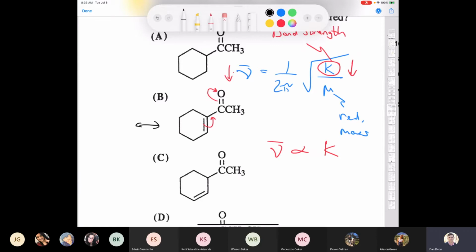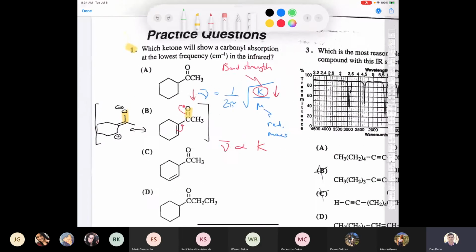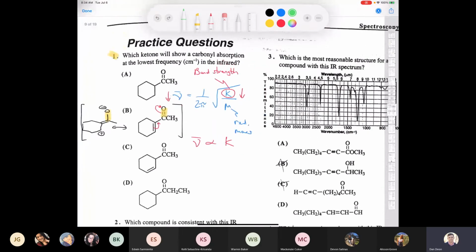And since that carbonyl has partial single bond character, which the other ones don't, you have the oxygen up here and you have a carbocation right here. So since that carbon-oxygen bond has partial single bond character, which you can clearly see in this resonance structure, which doesn't exist for any of the other molecules, it is a weaker bond. So again, it's the conjugation that renders that bond weaker, and therefore it's going to absorb at a lower frequency.